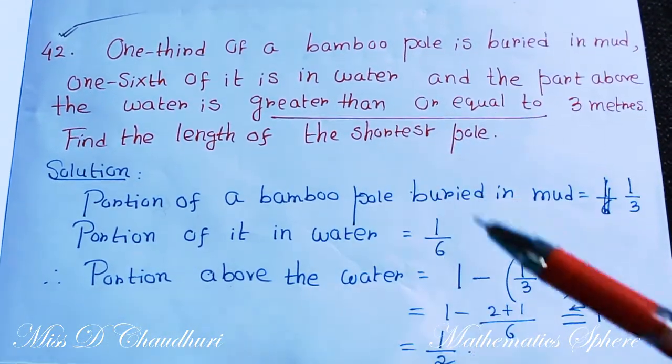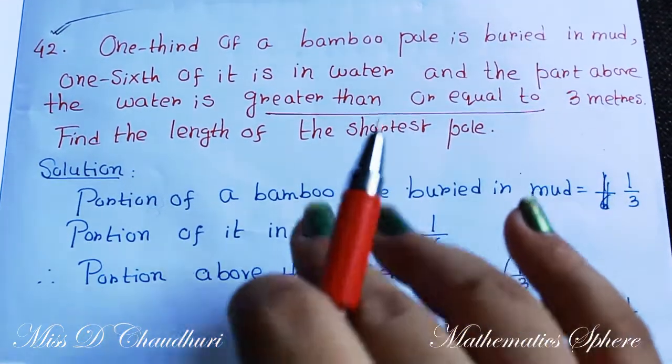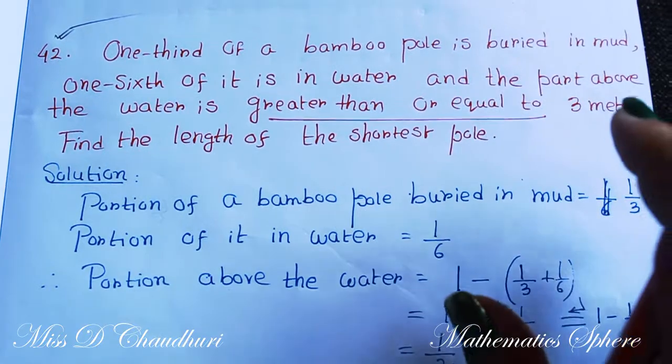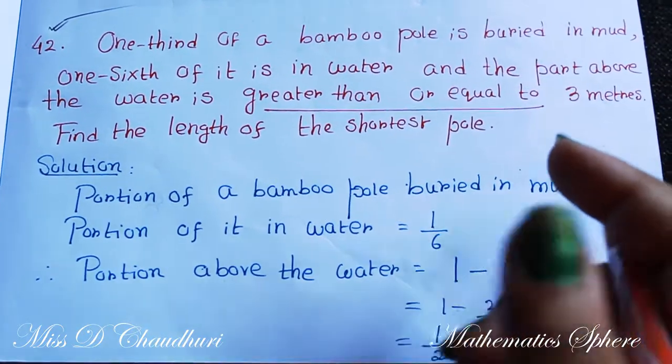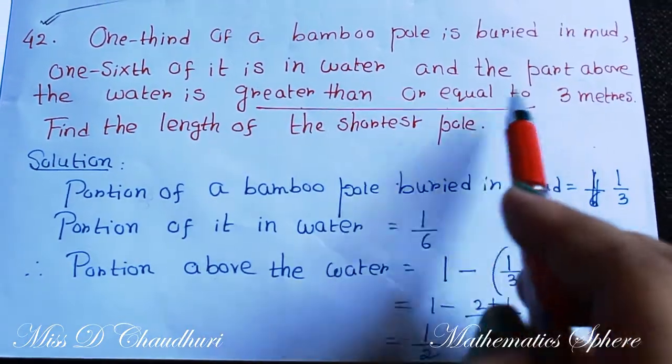Means if we consider the bamboo pole, 1/3 of it is in the mud, 1/6 is in water, and the leftover part, which is above the water, is greater than or equal to 3 meters.